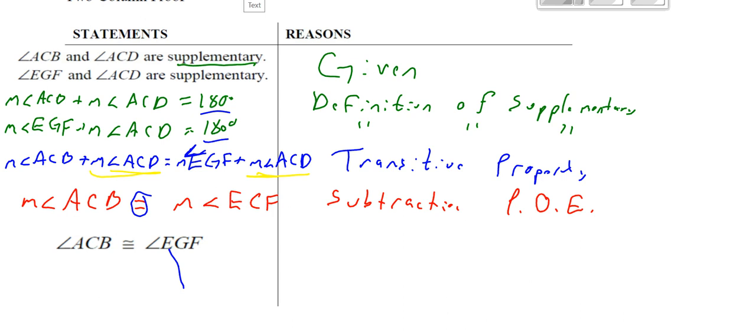And that last reason is the definition of congruency: if they are equal in measure, then they are congruent. Okay, that's going to conclude our notes today on proving geometric relationships.